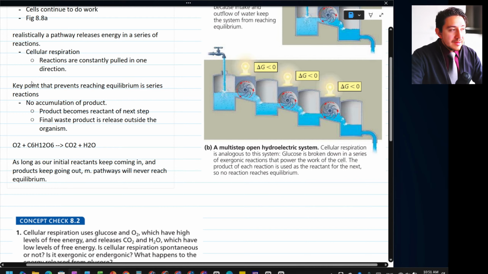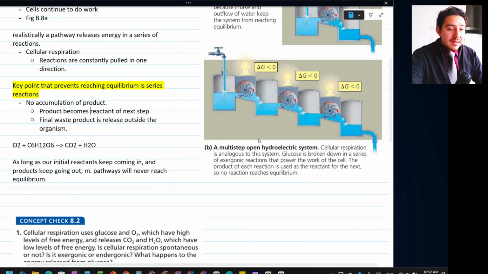Okay? So by having this ability, the reactants turning into the products of one reaction will become the reactants of a new reaction. So that will prevent, and this is probably one of the most important things that you need to know, by having a multi-step process, this will prevent equilibrium from ever being achieved, right?